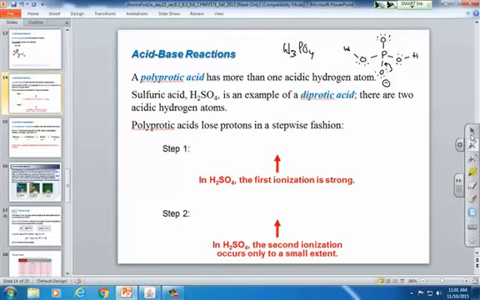So phosphoric acid, so instead of H2SO4, if we want to look at this one, I've got H3PO4. The first ionization of that involves 1 H plus being donated to a water. So the water will pick up that H plus and make H3O plus, and I'll have H2PO4 minus.